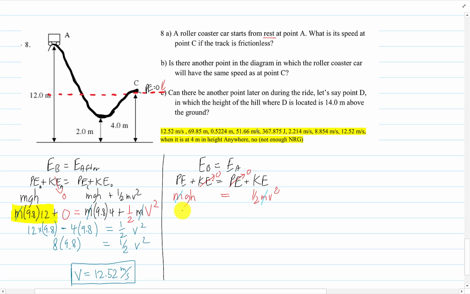It's g, and I have to just go to that 0 point. And if this whole thing is 12 and this is 4 high, then this is 8 times 9.8 equals 1/2 v squared. And those people that are observant will notice that this is this. I already did this by doing the algebra and getting 8 times 9.8. And this makes it a little bit simpler.